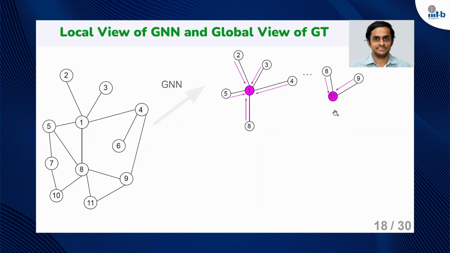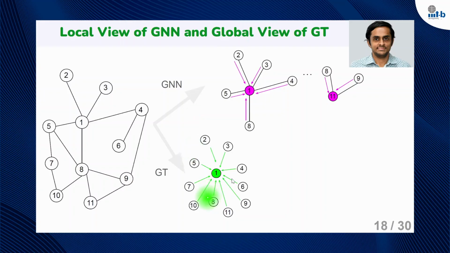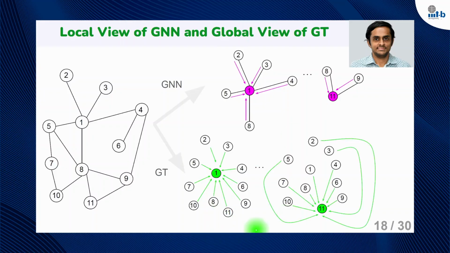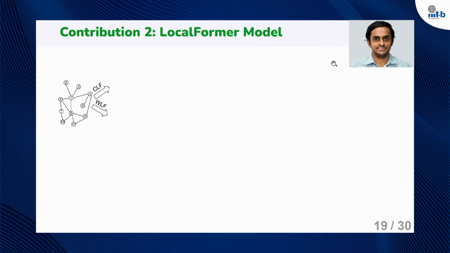All the nodes receive information from their neighborhoods. But in a graph transformer, because of that attention matrix, all nodes look at all other nodes. So one receives information from all other nodes, and so does 11. So this is the difference between this global model and this local GNN model.